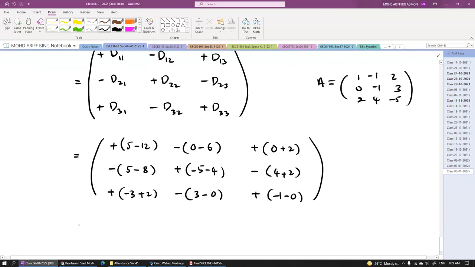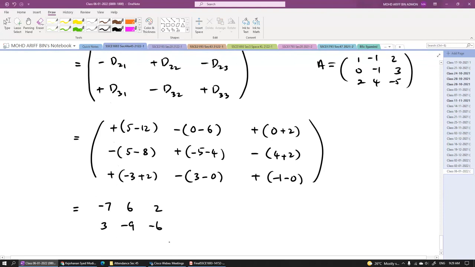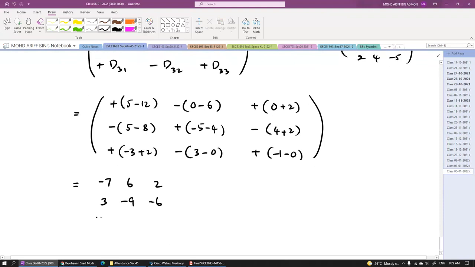That is positive negative 7 directly. Here negative 6, don't forget to multiply negative outside here, so it becomes positive 6. This is 2. 5 minus 8, negative 3, negative becomes positive 3. This is negative 9. This is negative 6. Negative 1. That is negative 3. And this is negative 1.